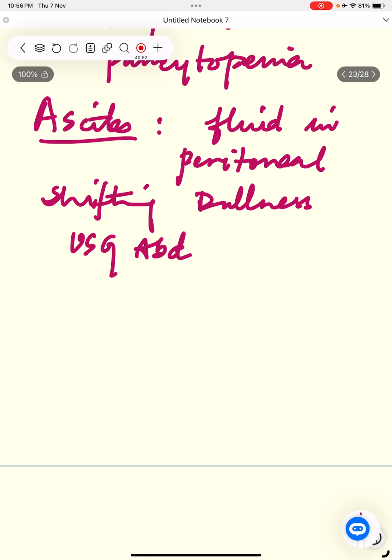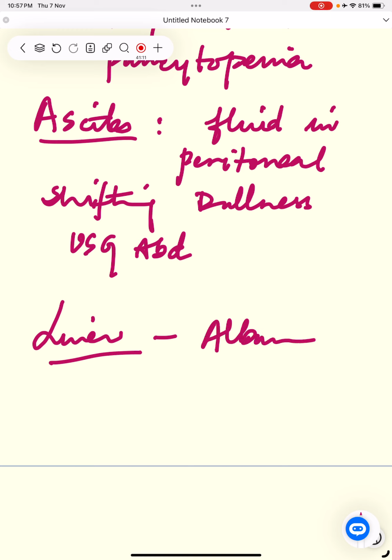Now what happens is that whenever the liver is affected, the liver is responsible for producing the protein albumin.